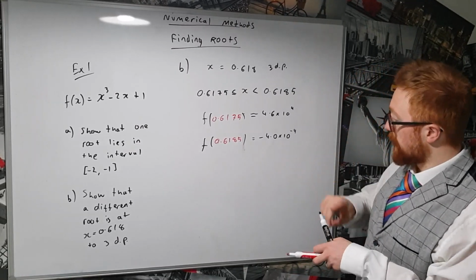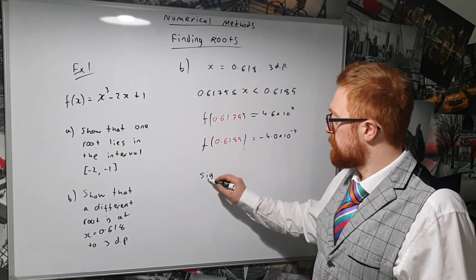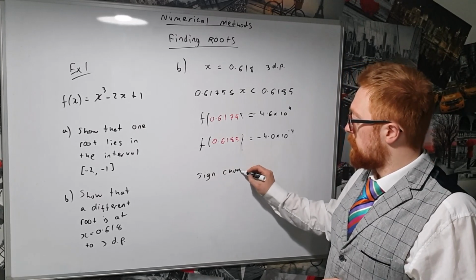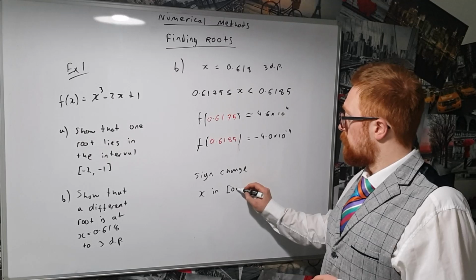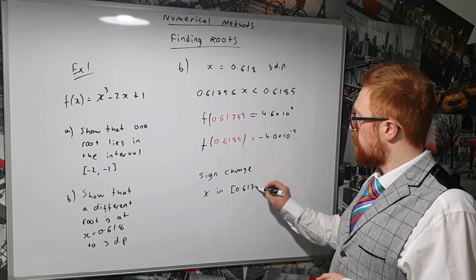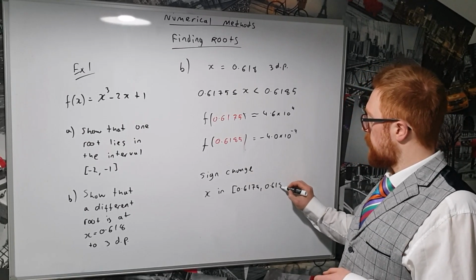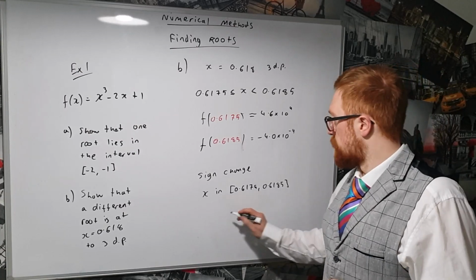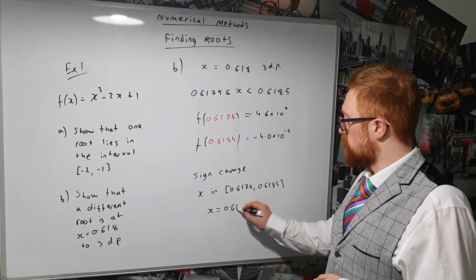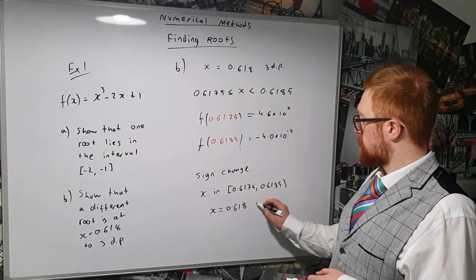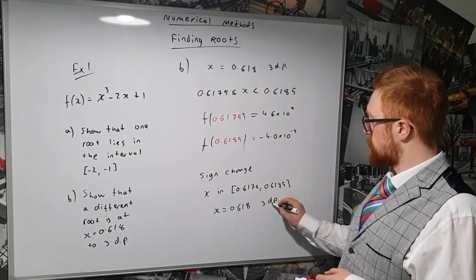Okay, so as you'll see again, there's a sign change. So x is in the interval 0.6175, 0.6185, which means x is equal to 0.618 to 3 decimal places.